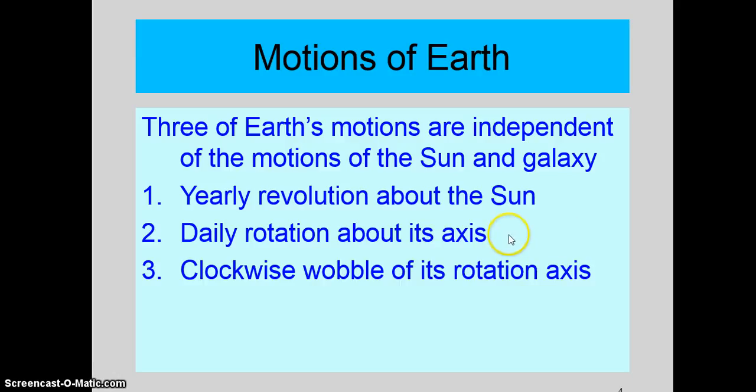Actually, let's talk about that briefly, the fact that the Earth is what's rotating. The fact that the sun rises in the east and sets in the west indicates that the Earth is spinning in the opposite direction.